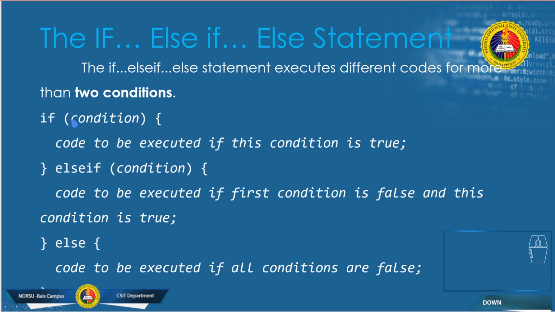So for example, if the first statement is false, but there's another option, we're going to create an else if, and then we'll set another condition. So again, if there are two or more conditions to be worked on, we will use the else if. However, if all of the conditions are false, that's the time that the else will be executed.